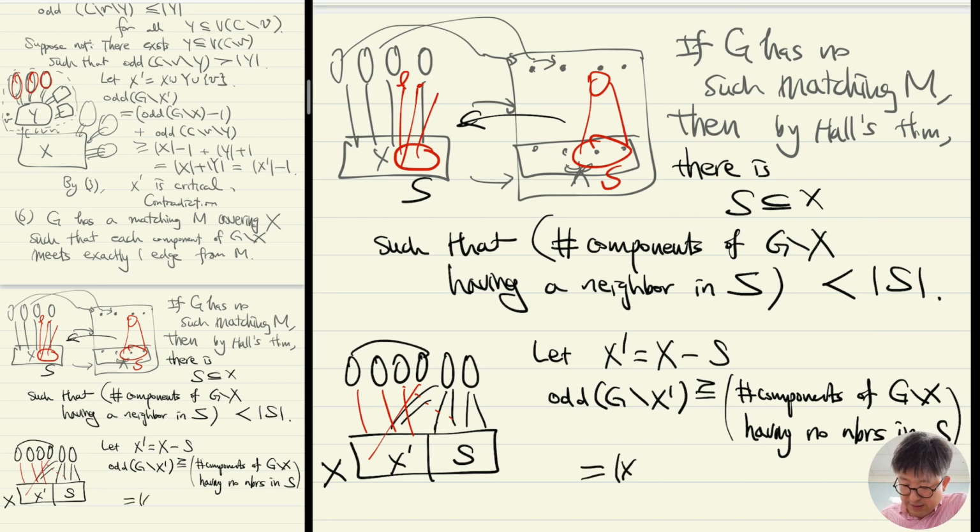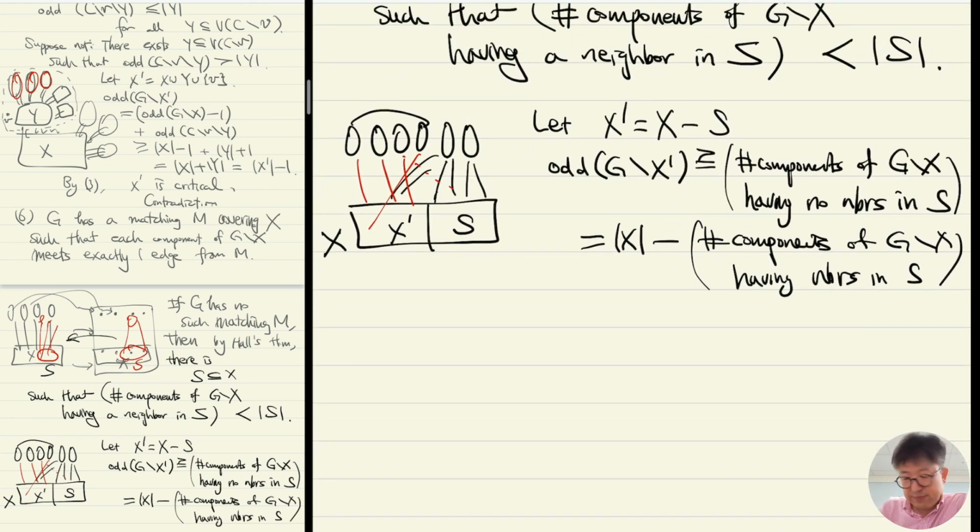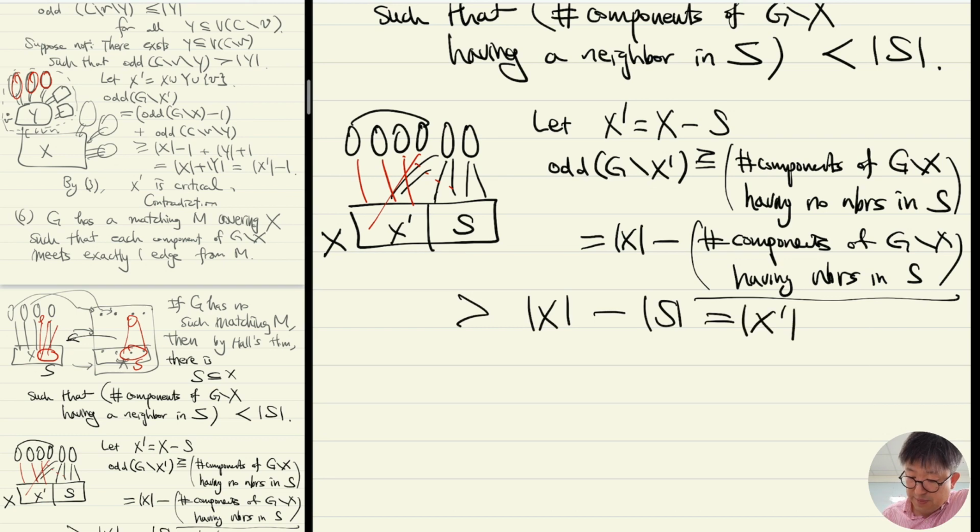Well, this is X minus the number of components of G delete X having neighbors in S, right? Because previously I had exactly X many components outside, and I knew that this number is less than S. So this is bigger than X minus S. So this is X prime.